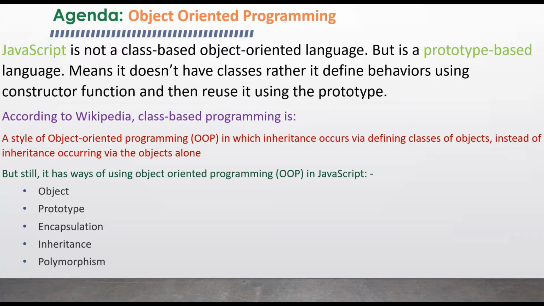What is an object? An object is a unique entity which contains properties and methods. For example, a car. A car is a real-life object. We know an object is a real-life thing that exists in real life, whereas a class is a blueprint that doesn't exist. It is a logical entity. But an object is a real-life entity.